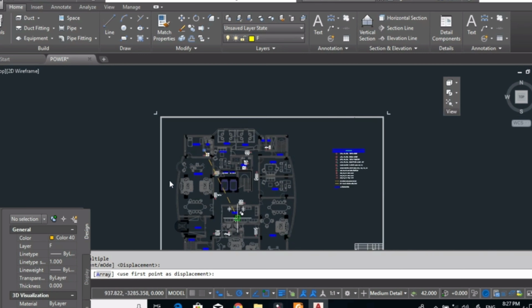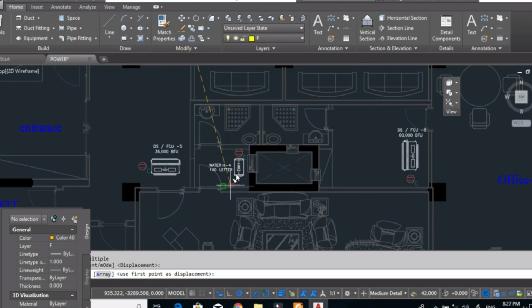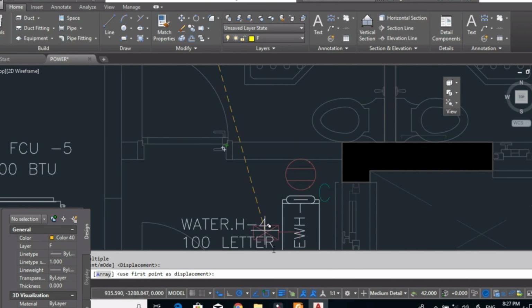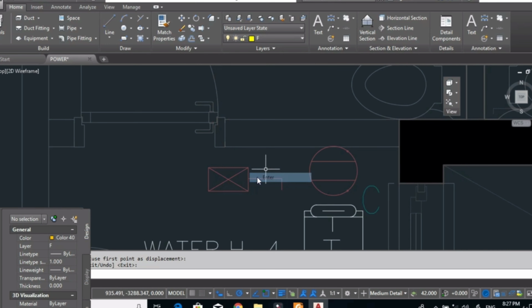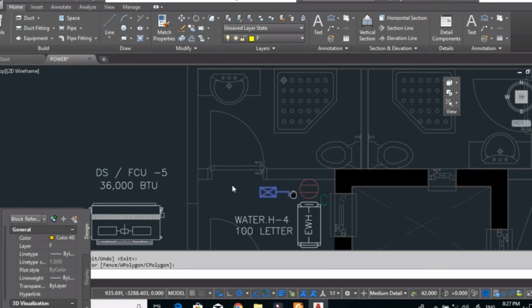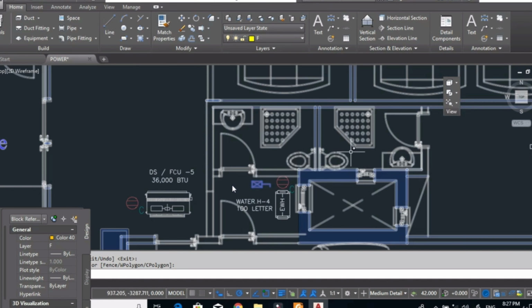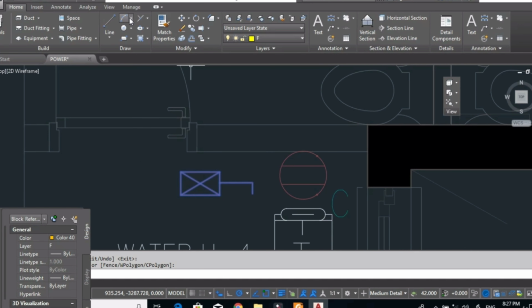And here also I have a bathroom. The mechanical engineer designed the water supply and he put one electrical heater for the spot bathroom.